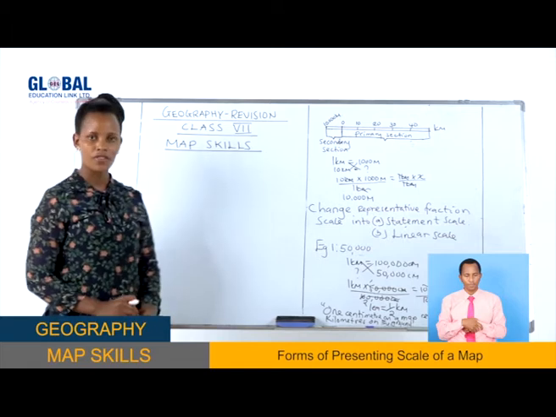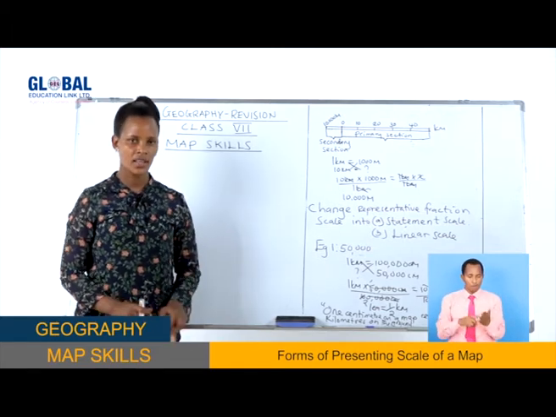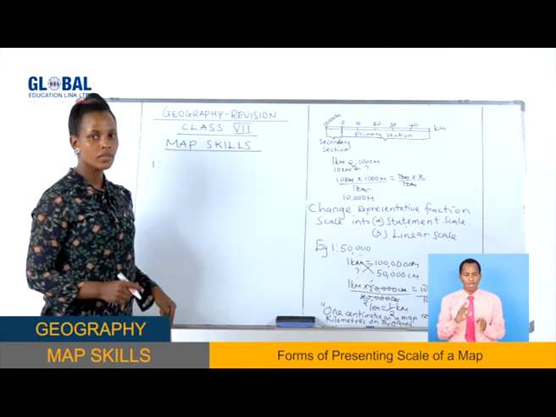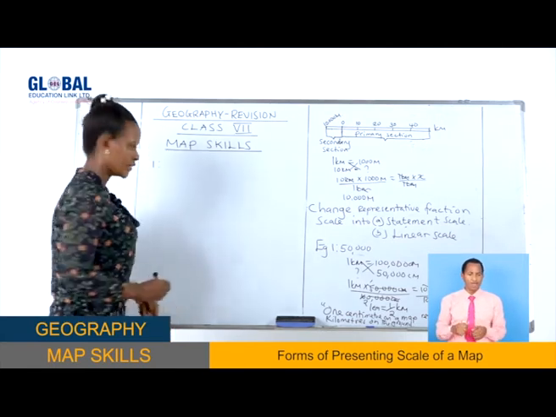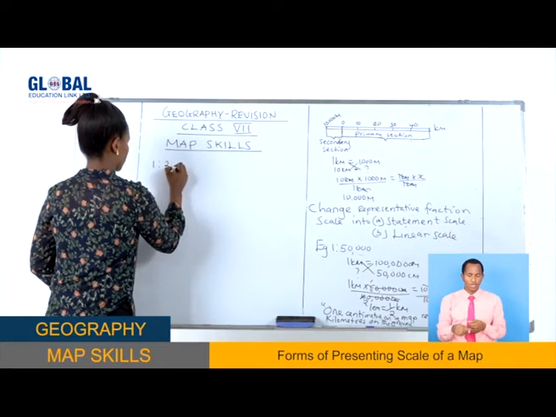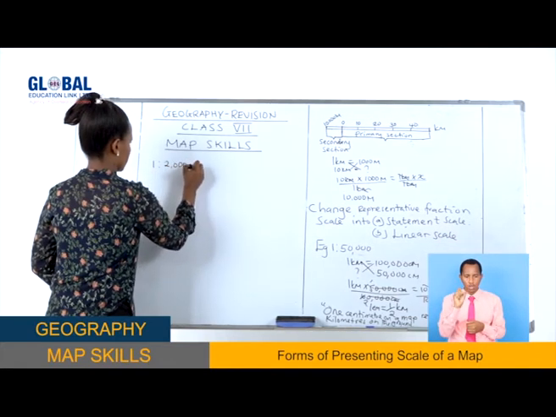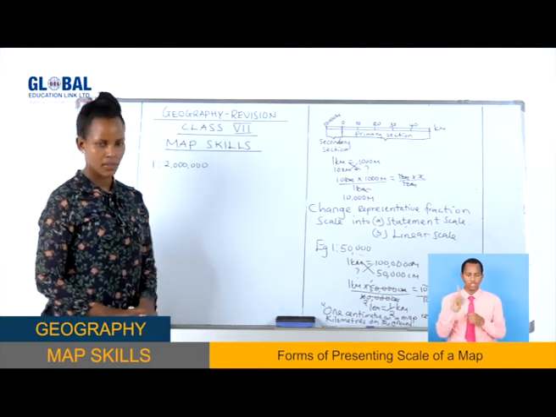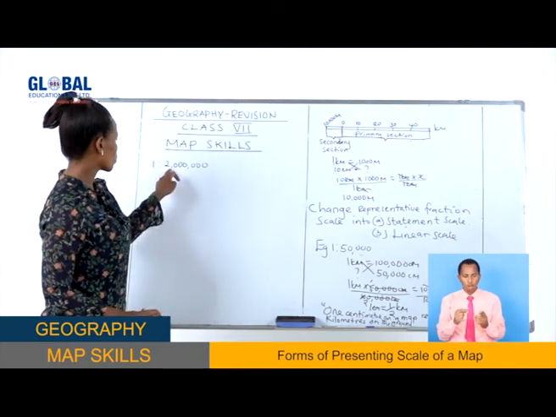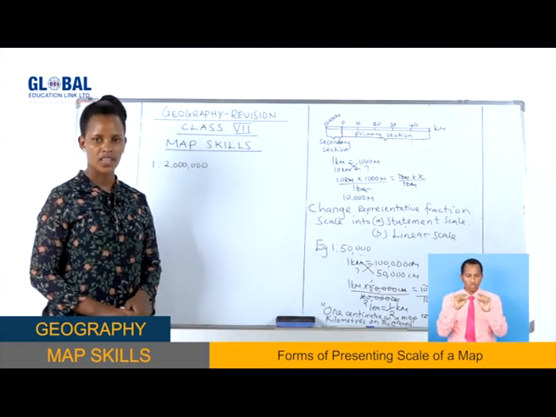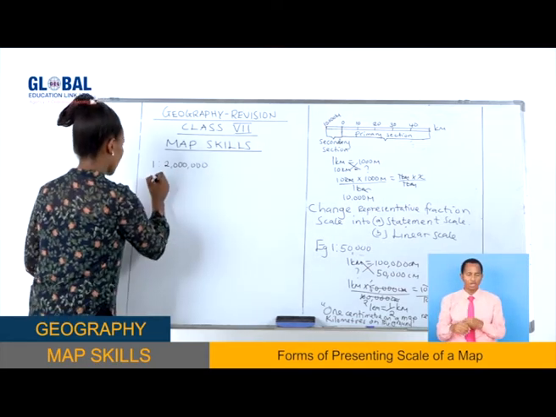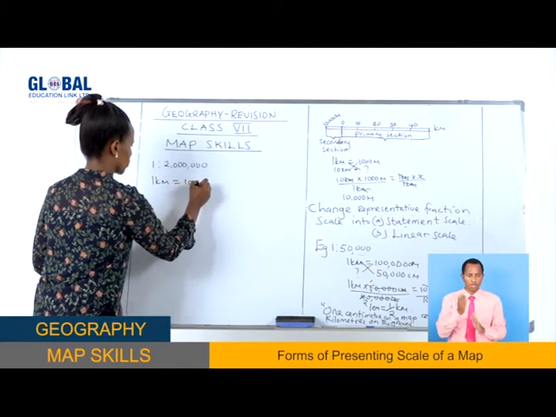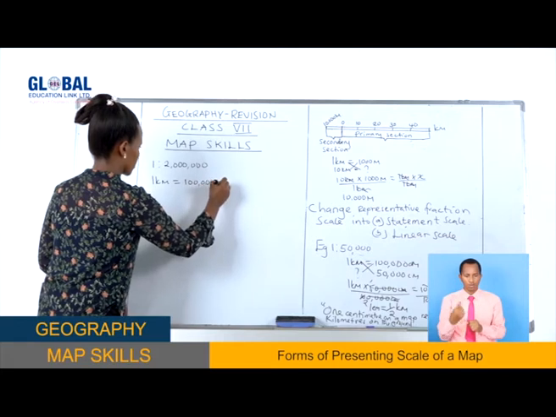Another example of representative fraction scale can be maybe 1:2,000,000. Let us change it into Statement Scale. We change 2 million into kilometers. Let us take the constant formula, which is 1 kilometer is equal to 100,000 centimeters.